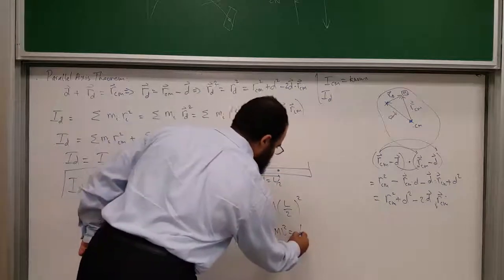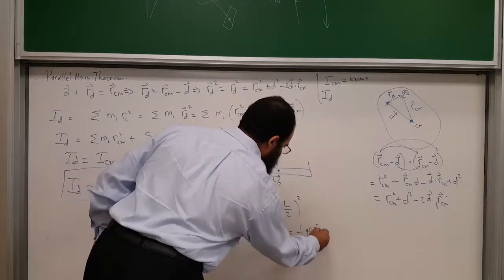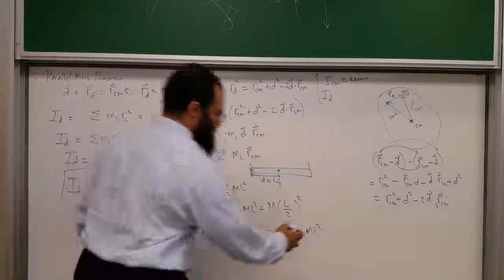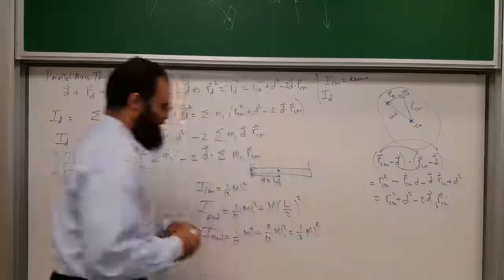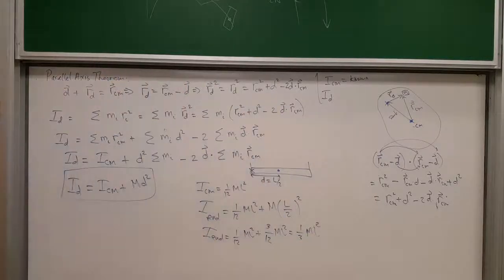So that's 1/3 ml squared, as we did earlier. Once you know the moment of inertia about the center of mass, you're done. You don't have to make any more calculations. So I'm done with this. The next thing I'm going to do is torque. That's the next video.